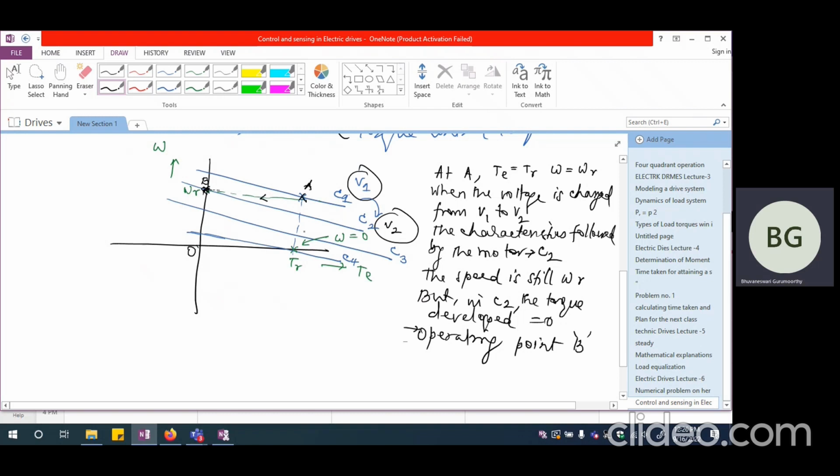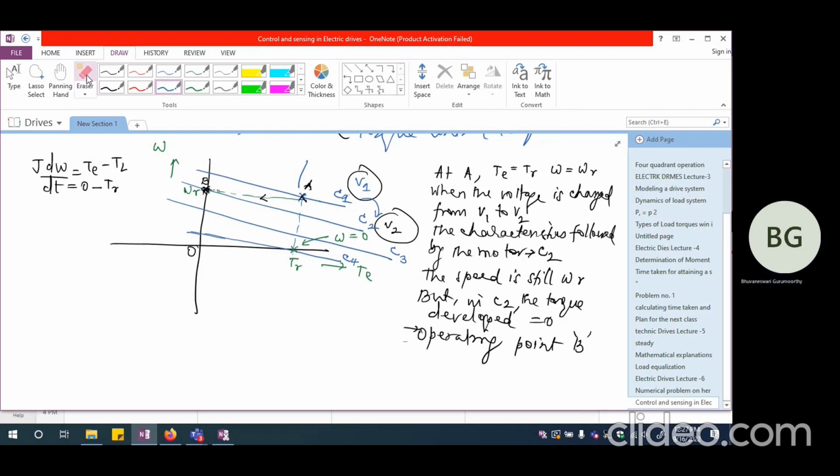Okay. Now, at this juncture, if I try to write what is J d omega by dt, that is going to be equal to TE minus TL. TE is 0 and TL is TR because it's a constant load torque. Whatever I have drawn here is the constant load torque characteristics, so the load torque is a straight line like this.